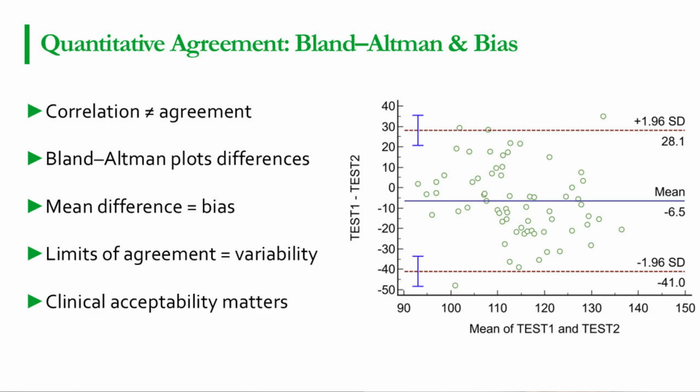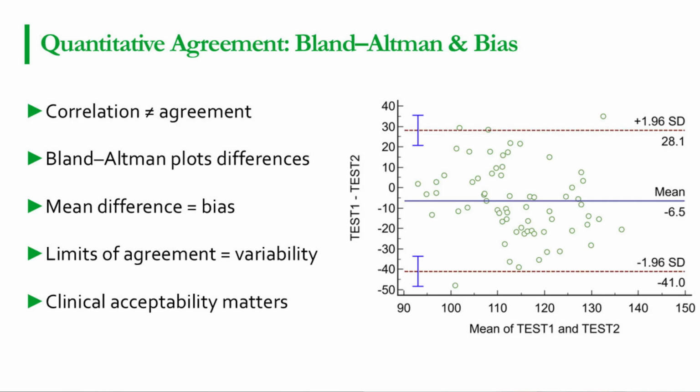Bland-Altman analysis addresses this by examining the differences between paired measurements plotted against their mean. The average difference represents systematic bias, while the limits of agreement describe the range within which most differences are expected to fall. This approach makes both bias and variability explicit and directly interpretable.